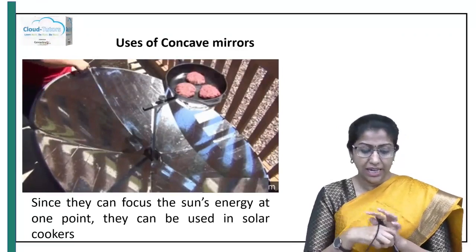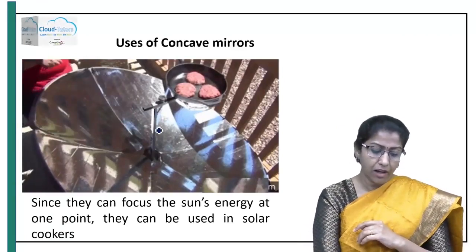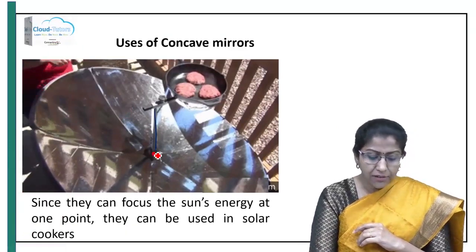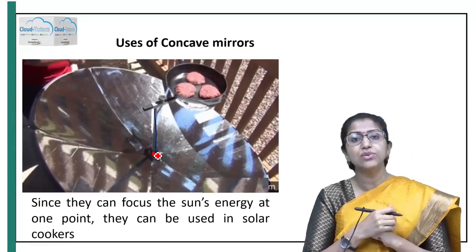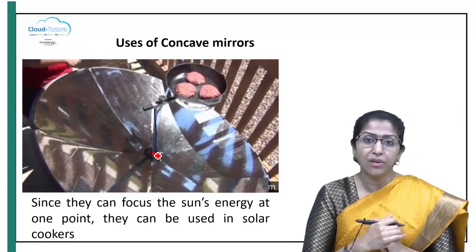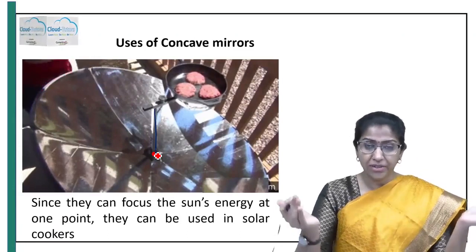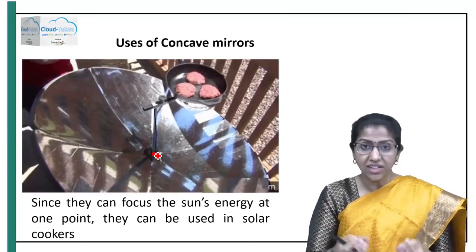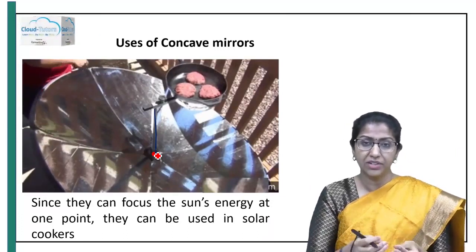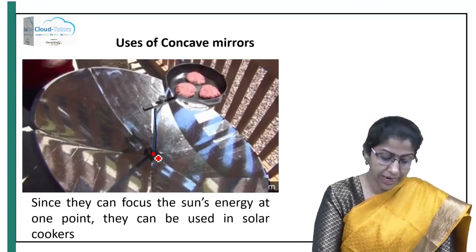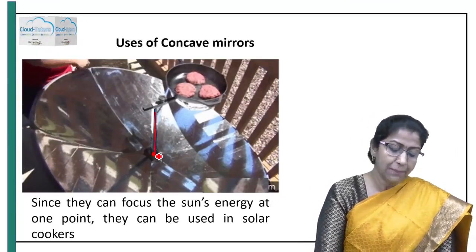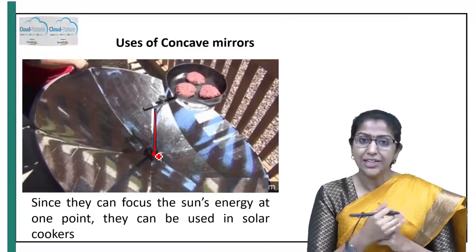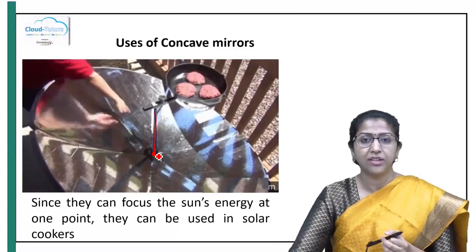But in this case, you see that there is an aluminium rod or a conducting rod that is kept at the focus of this concave mirror, and it is used as a solar cooker. Now, how does this work? Since it's a concave mirror, it converges all of the solar energy, in this case sun rays, at one single point, and since it is focused at this point, it basically supplies enough heat to heat up the pan and cook the food. Hence, it is used in solar cookers. It's a fun application.